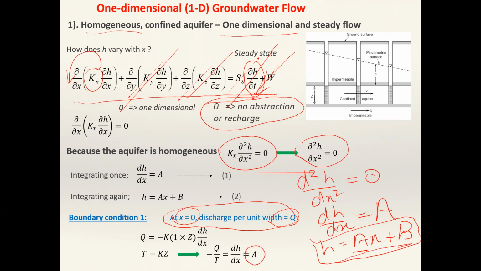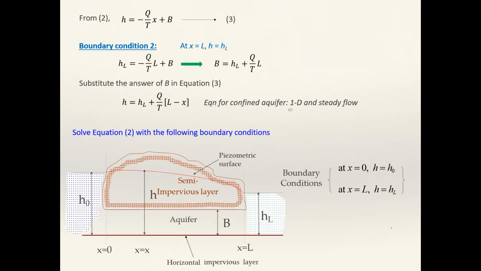I'm not going to solve it in detail. I'm sure you can manage it. You know how to do the derivative, how to take the integration, how to substitute the boundary condition and find out the coefficient. That part is easy, simple mathematics, right? So find A by using this boundary condition. Then to find B, you need another boundary condition. That can be when x is equal to L, h is equal to hL.